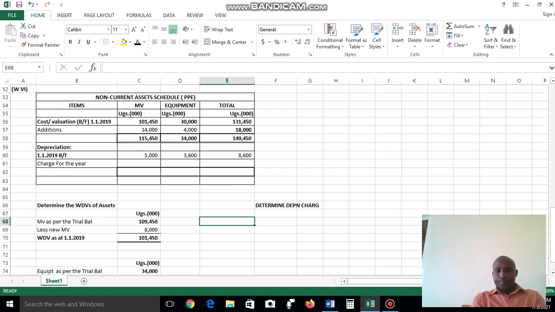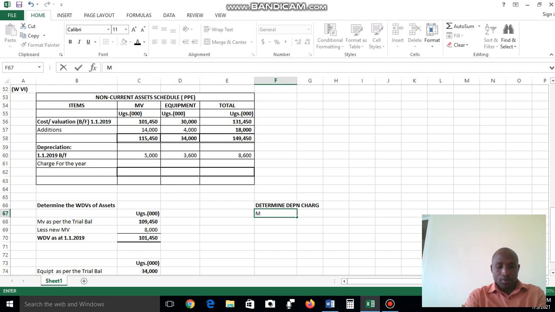Then here, for the case of motor vehicles, we shall compute the depreciation charges. We shall get 104. In other words, we are getting this figure. So this one, divide by what?